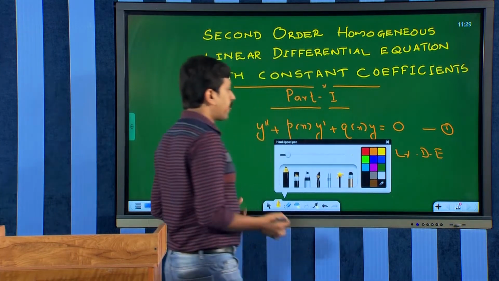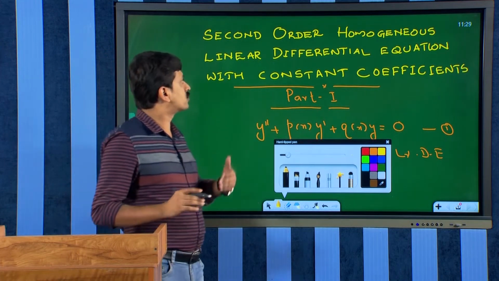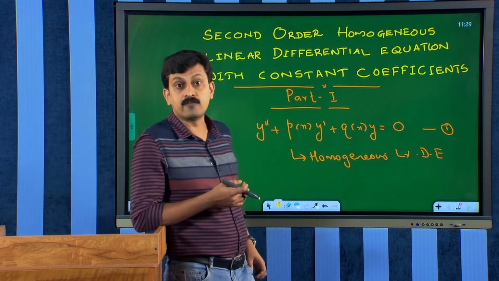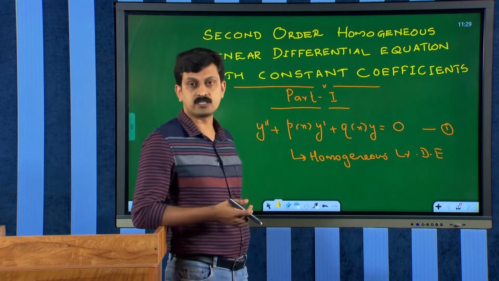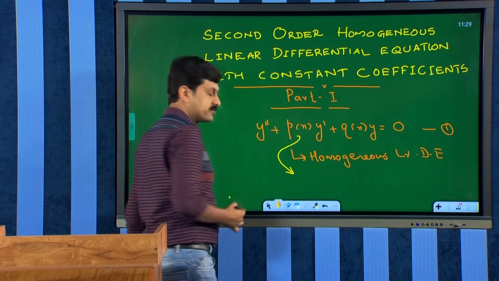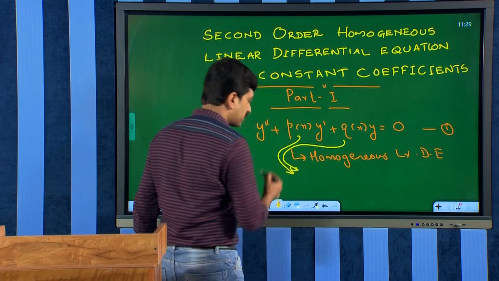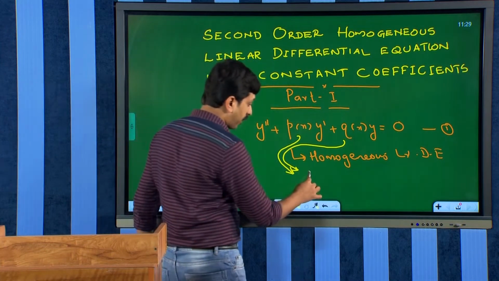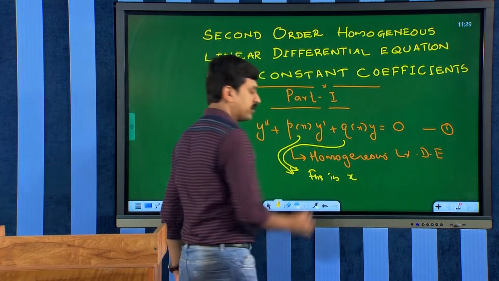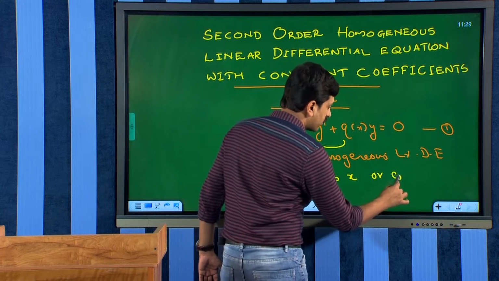Now, our discussion is on the solutions of the second order homogeneous linear differential equation with constant coefficients. This p of x and q of x may be functions of the independent variable x, or they may be constant values.